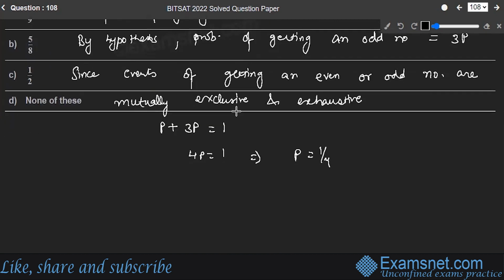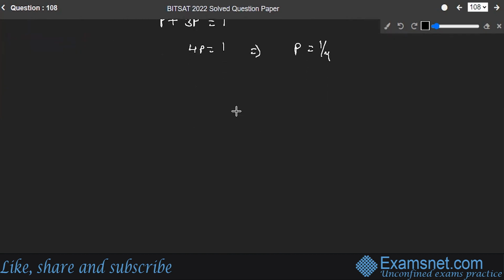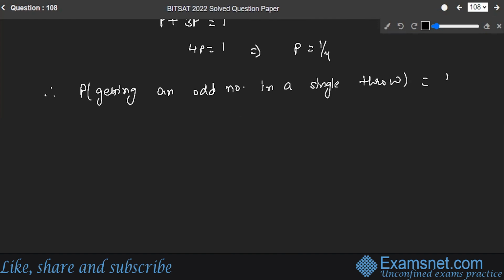Therefore, the probability of getting an odd number in a single throw is equal to 3 by 4, and the probability of getting an even number in a single throw is equal to 1 by 4.